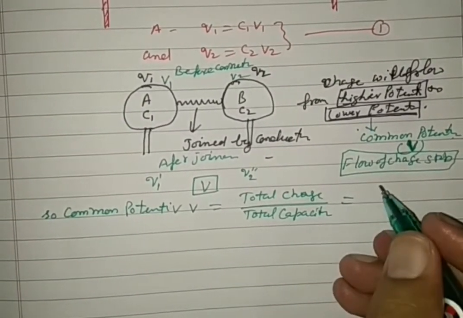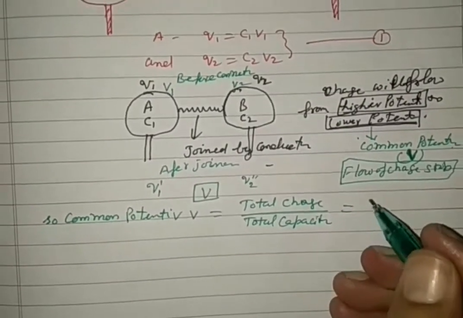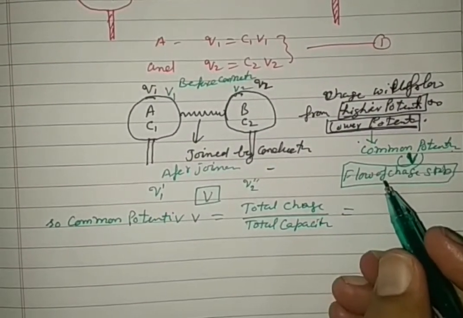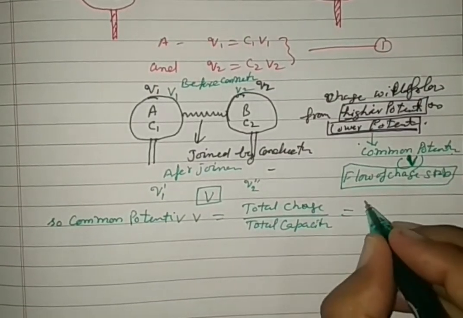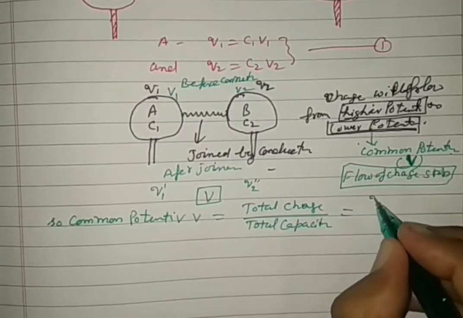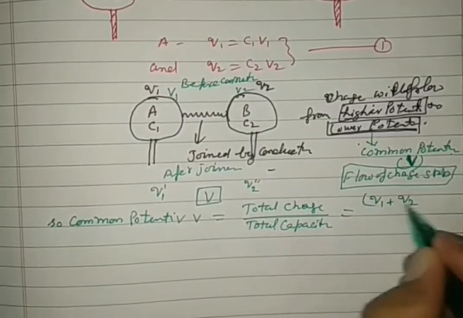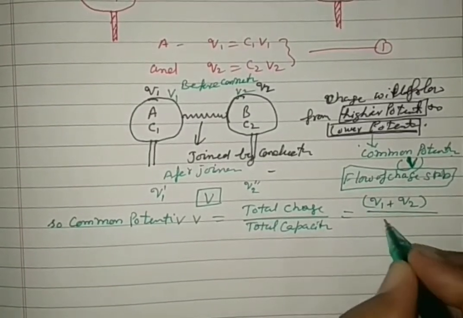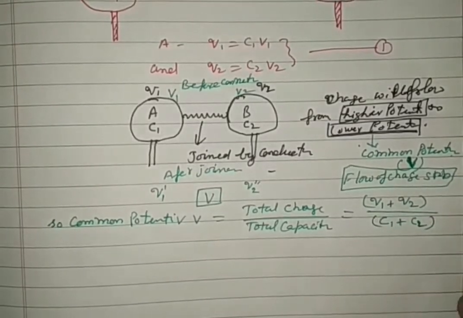Total charge, if you take the values before the connection, is Q1 on the first and Q2 on the second, divided by total capacitance, C1 of first and C2 of second.